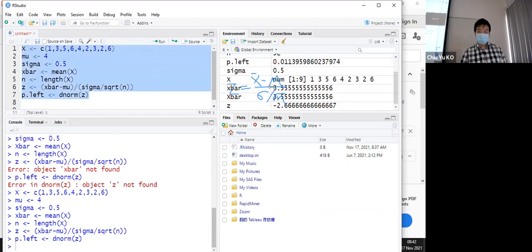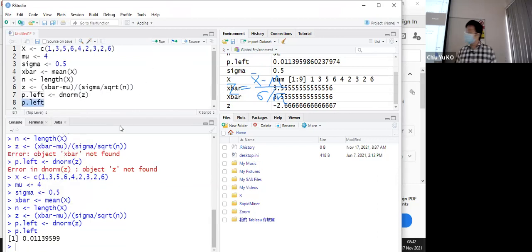Let's get the number out. What's p dot left? I have the p-value, which is 1%. So I would reject the null at 5% or 10%.